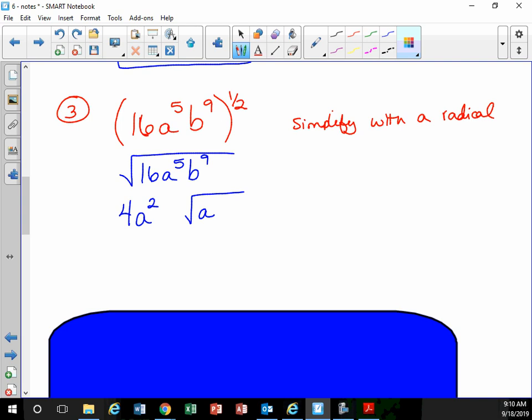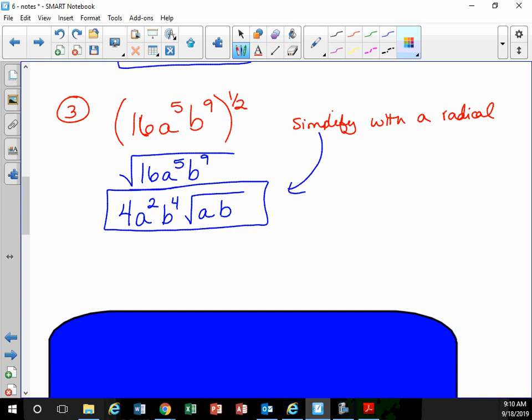Okay, b to the 9th. How many times does 2 go into 9? 4. How many left over? 1. So that is simplified with a radical. Okay? Makes sense what I'm looking for there? So that's that.